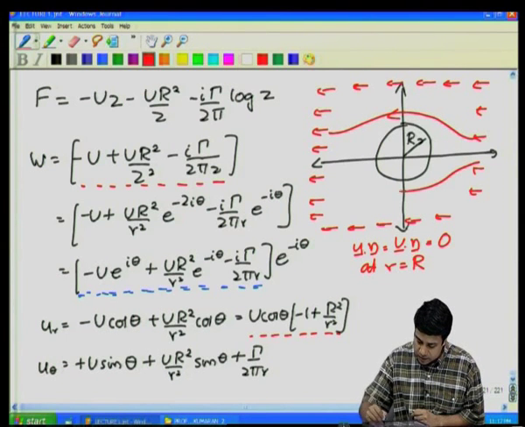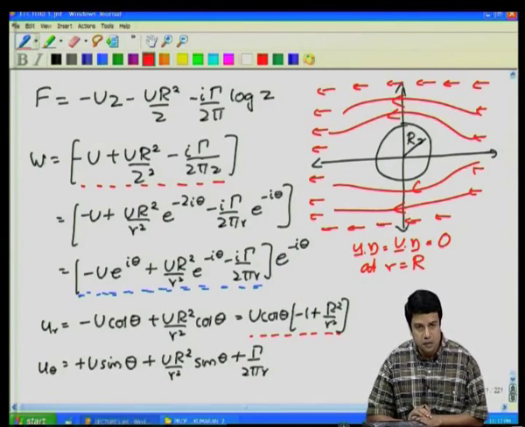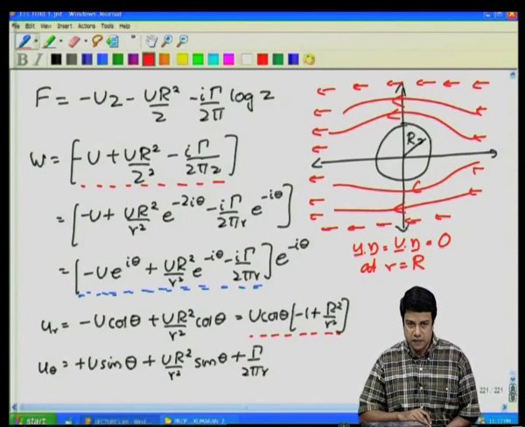It satisfies the 0 normal velocity boundary condition on the cylinder. So, u_r is equal to 0 on the surface of the cylinder.